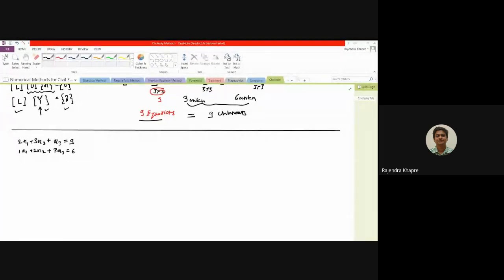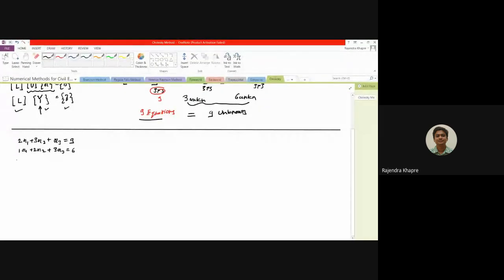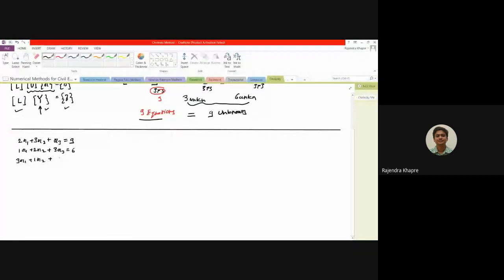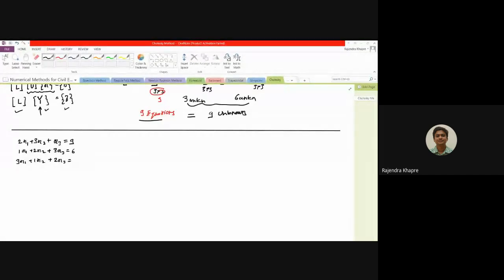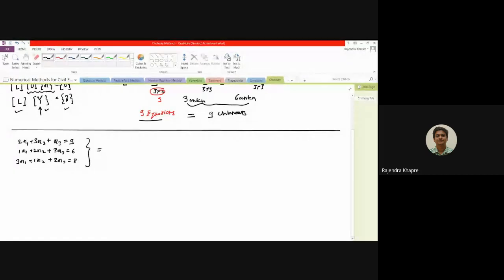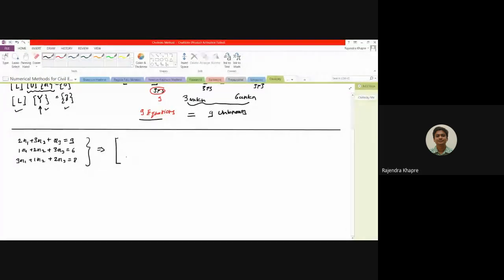The third equation is 3 times x1 plus 1 times x2 plus 2 times x3, equal to 8. I want to solve this using the Cholesky method. This entire set of three equations can be written in a simple matrix form.